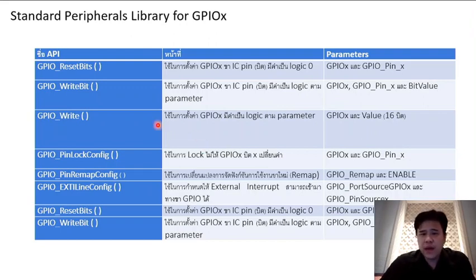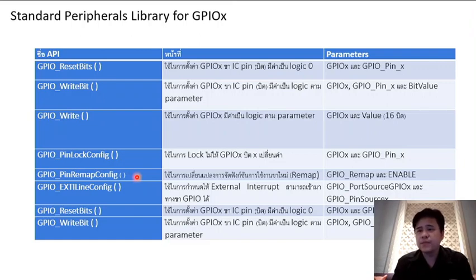What else? You have the write bit and also the write functions, and you can take a look here. Then what else? This is called remap configuration. I would like to talk about this one a little bit. In this one, if you go through your datasheet for the Cortex-M3, you will find out there are default functions for each pin inside your microprocessor.